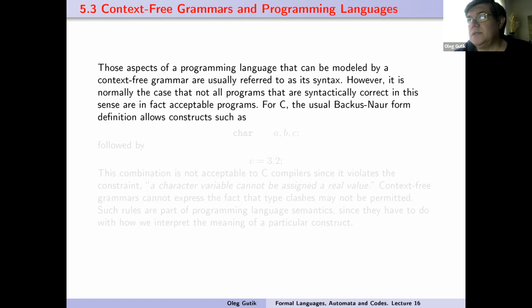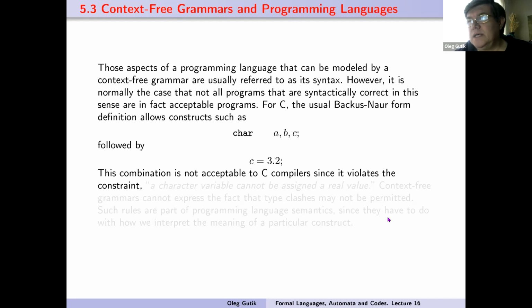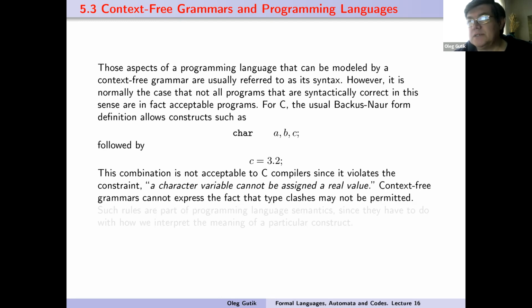For the programming language C, the usual Backus-Naur form definition allows constructs such as char a, b, c; followed by c = 3.2. This combination is not acceptable to the language C compiler since it violates the constraint that a char variable cannot be assigned a real value. Context-free grammars cannot express the fact that type clashes may not be permitted.